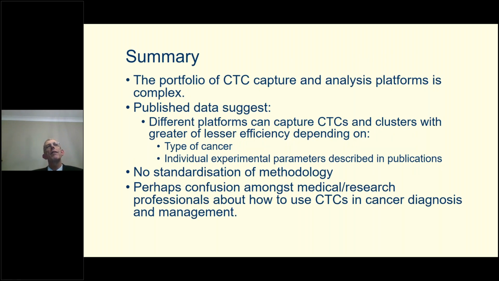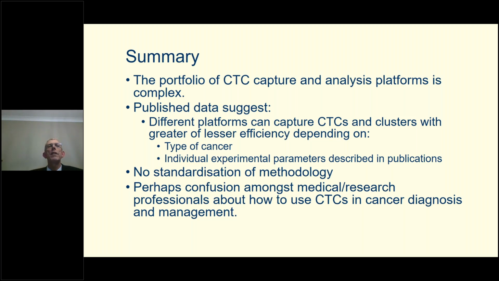So to try and bring this to some kind of summary, the portfolio of CTC capture and analysis platforms is complex. Published data gives us really valuable insights into the use of these different platforms, but there are differences based upon methodologies used, based upon capture methods, and based upon individual experimental parameters described in publication.